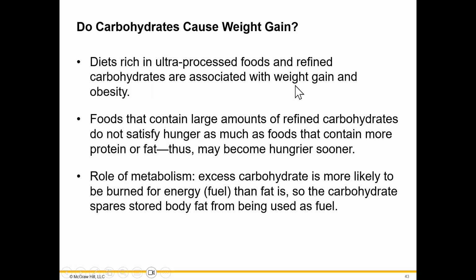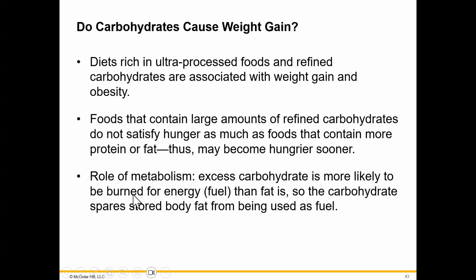So you grab a candy bar and some French fries. 2 hours later, you're hungry again. So you grab a peanut butter and jelly sandwich and maybe a side salad. 2 hours later, again, you're hungry. You see what I mean? All of those are examples of refined carbohydrates that will not satisfy your hunger, okay? Because they are high carbs and not enough protein and not enough fat and not enough fiber.